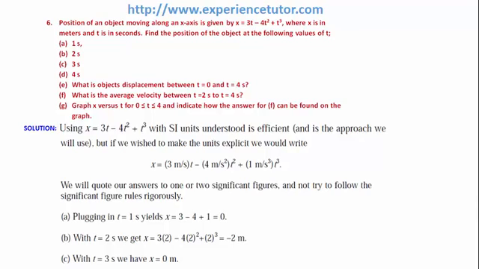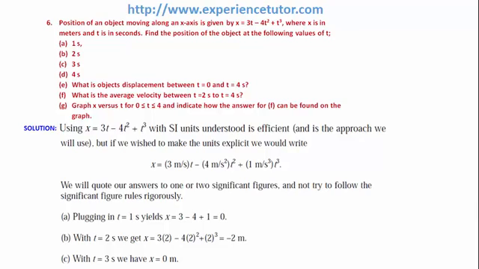So using the equation x is equal to 3t minus 4t square plus t cube, we'll get x is equal to 3 meter per second into t minus 4 meter per second square t square plus 1 meter per second cube t cube.